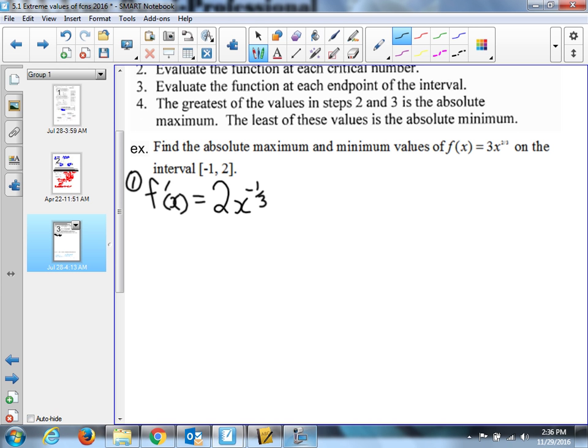Okay. Which, to be more useful when we're finding critical numbers, I'd suggest you write it out without negative exponents if you have them. If you can factor something, also do that because it's easier to identify. So I'm going to put the 2 on the top, the cube root of x on the bottom. You're fine with x to the 1/3 as well, if you understand that to mean cube root.